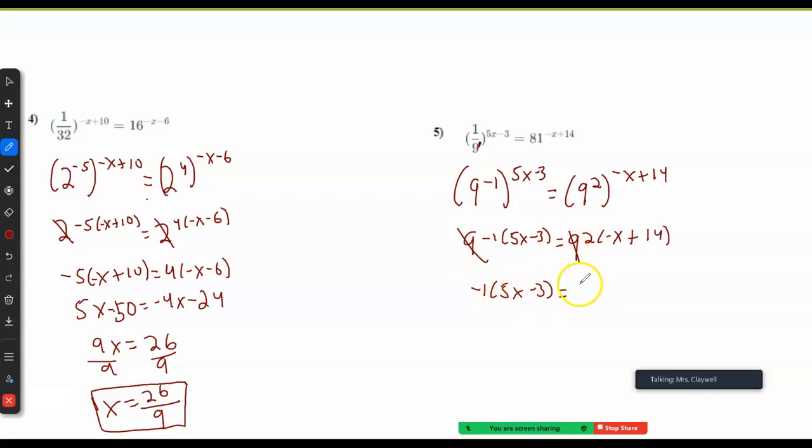Then I can set my exponents and solve these like an algebra 1 equation.